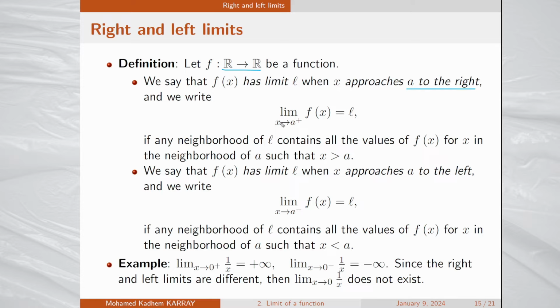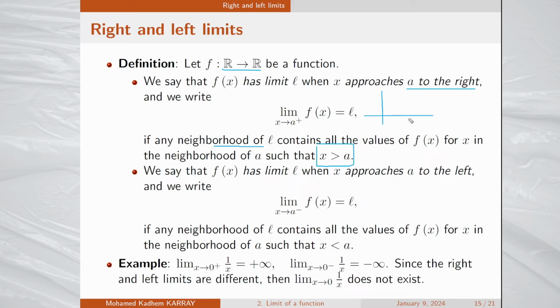The limit as x approaches a plus of f of x equals L if any neighborhood of L contains all the values of f of x for any x in the neighborhood of a such that x is larger than a. So let's make a figure here.